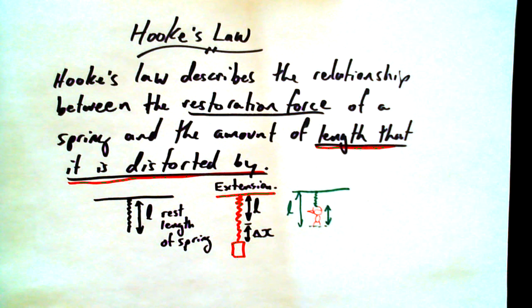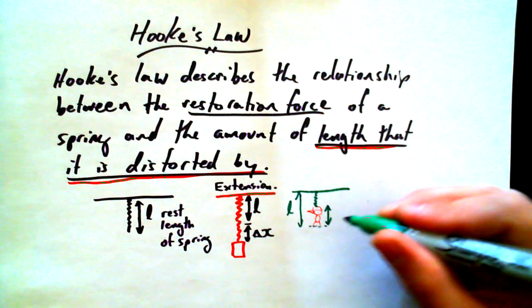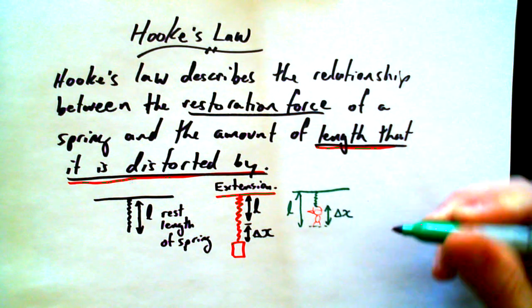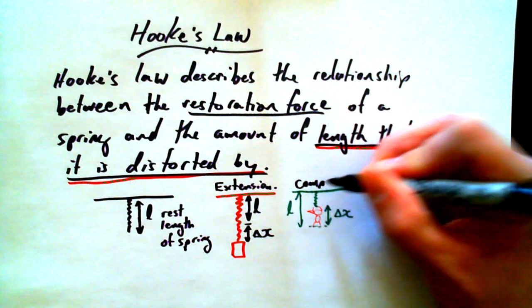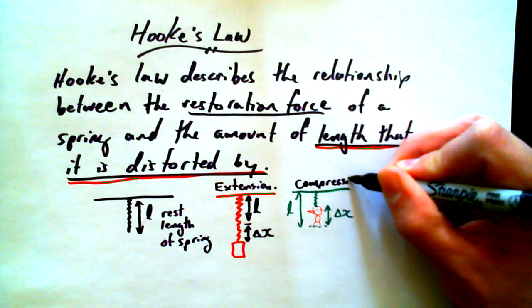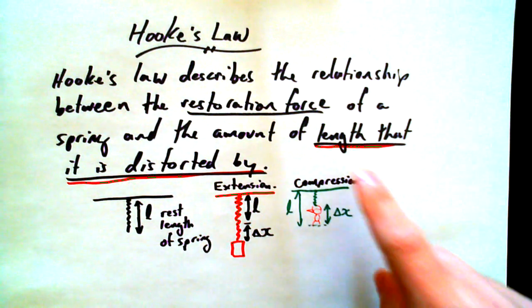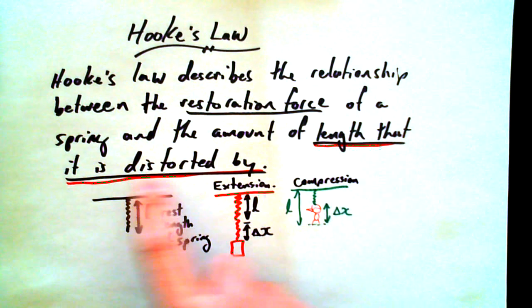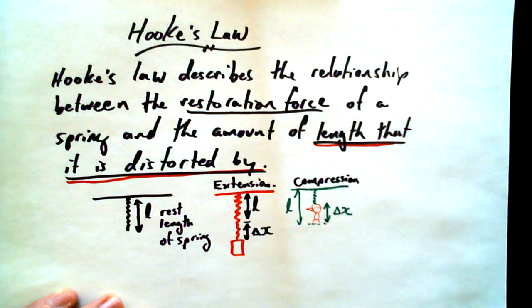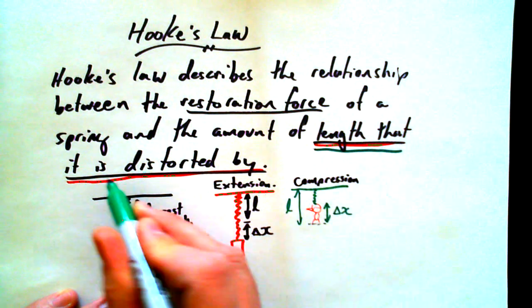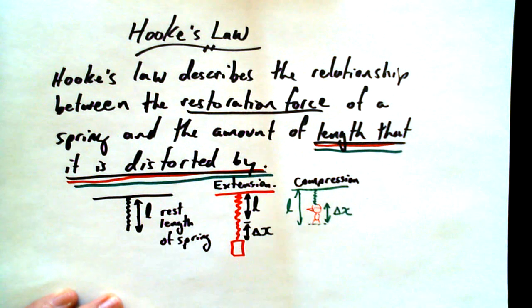Yep. Yeah, it would also be delta x. It's just that it's the delta x for what we're going to call a compression spring. Because we're just talking about the length that it's just been distorted by. That's the delta x value. And just to color code, I'm going to underline it in green as well. That's how much we've distorted it by.